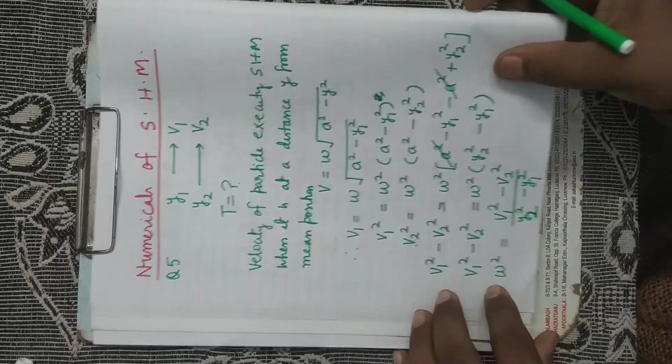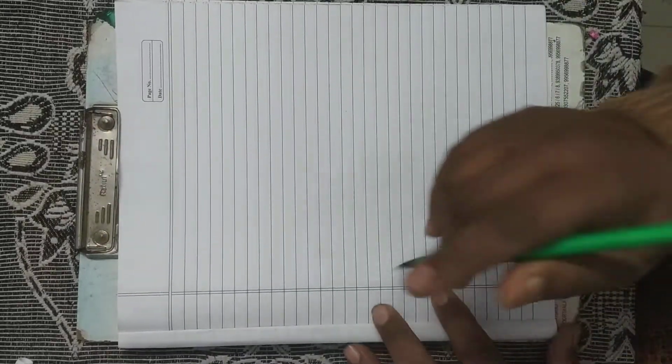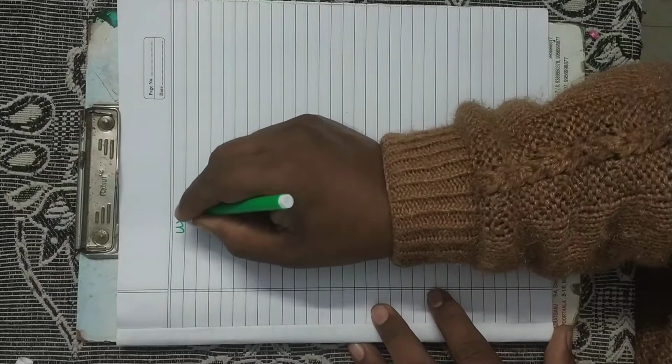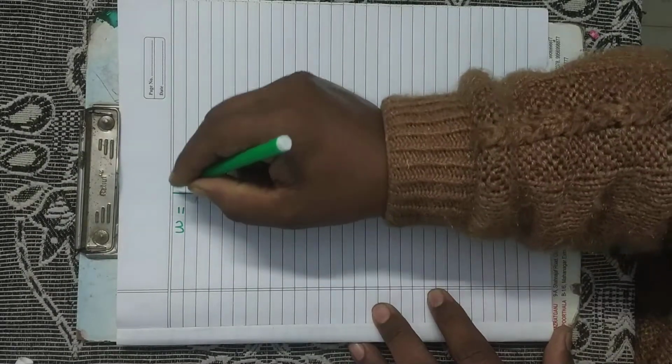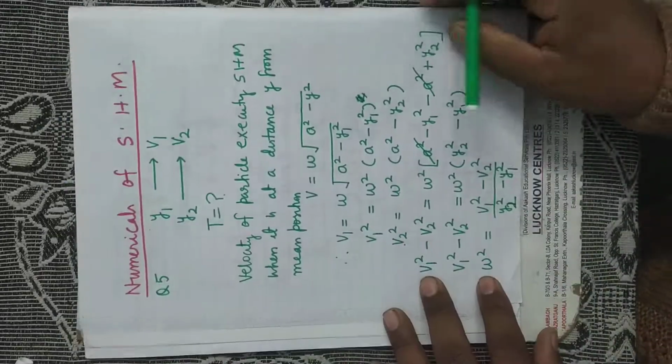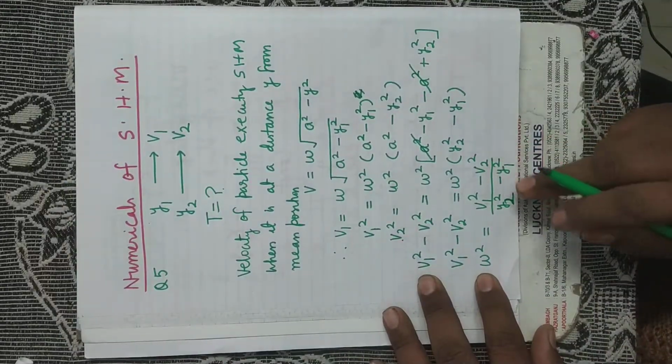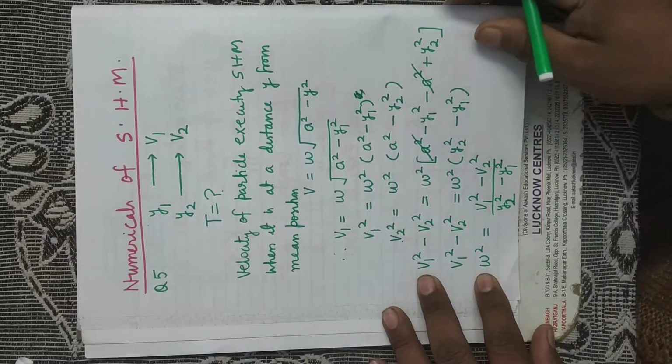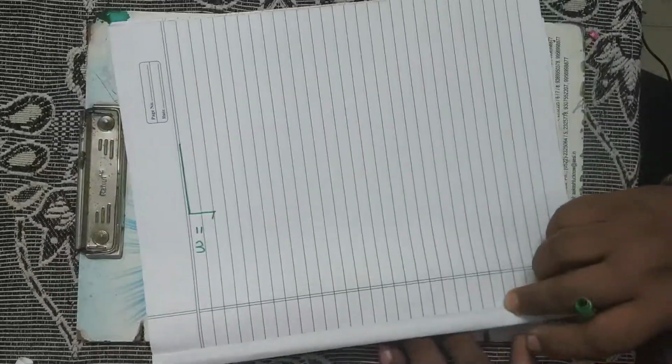So what will be omega? Omega will be equal to the square root of v1 square minus v2 square upon y2 square minus y1 square.